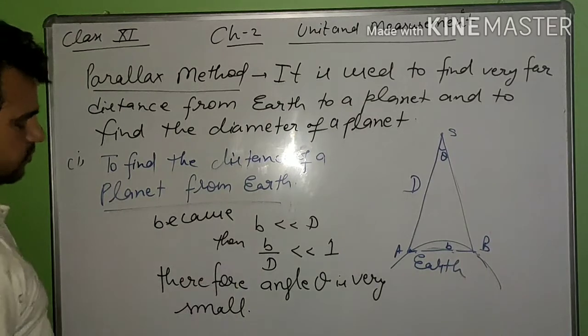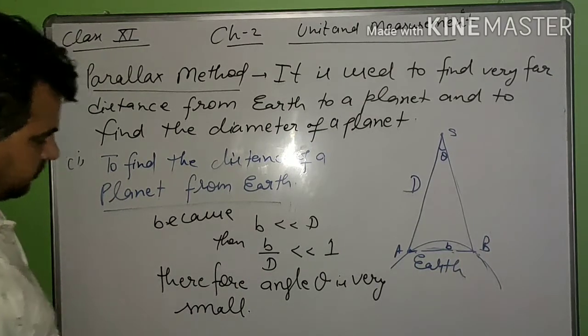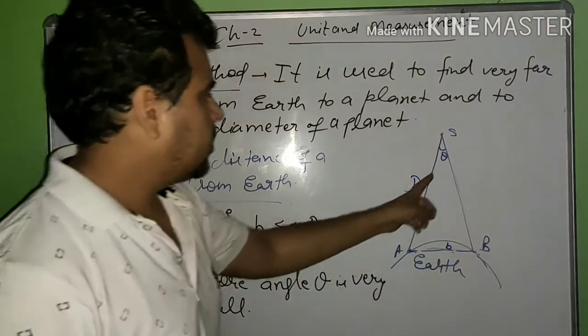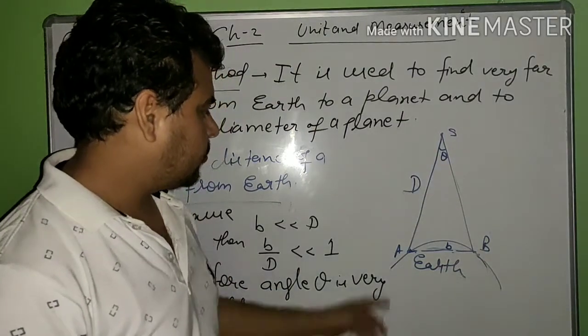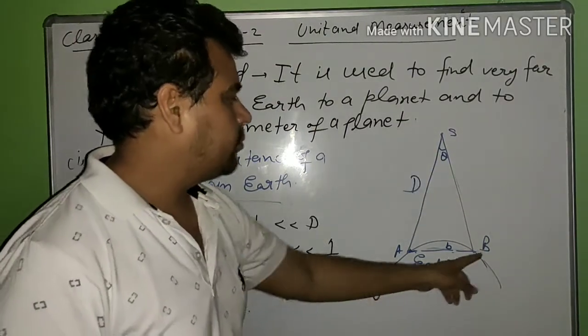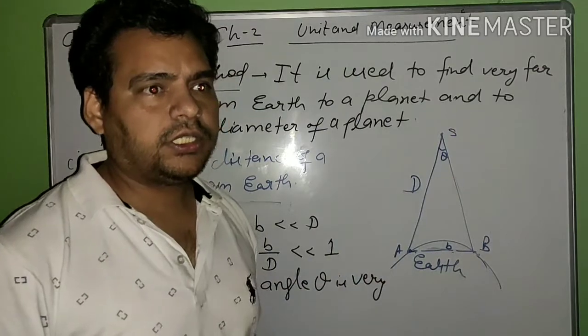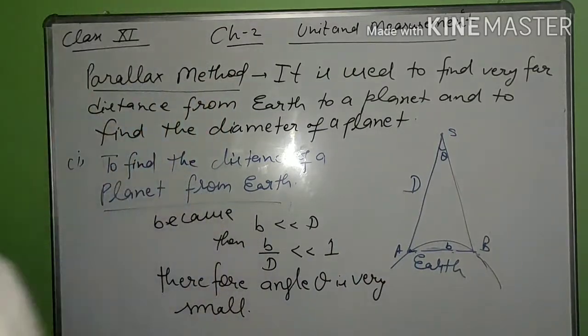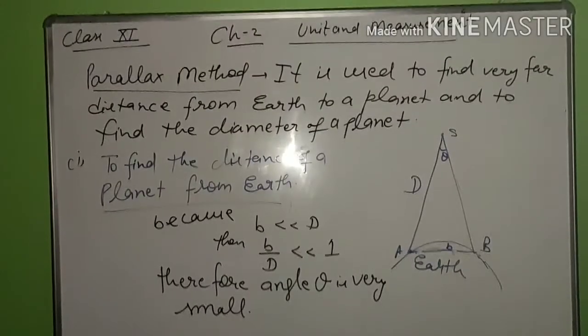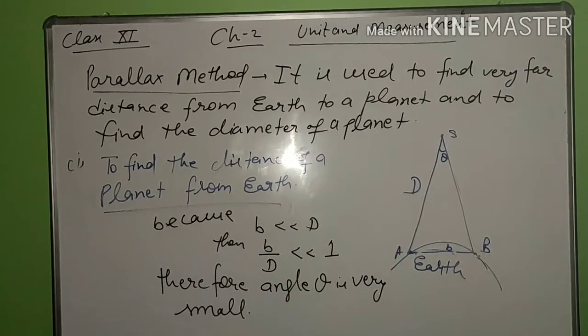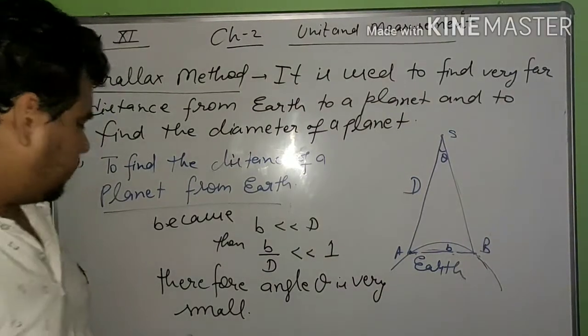Now we can see from the figure, if this angle is very small, therefore AS and BS are equal to each other.